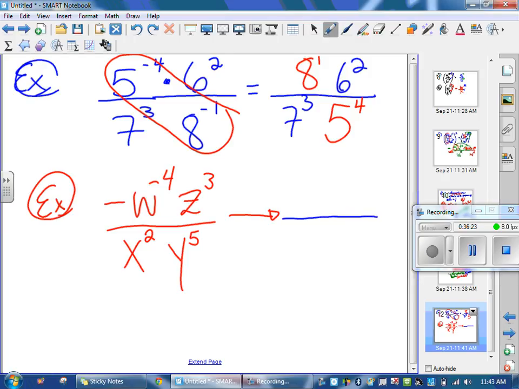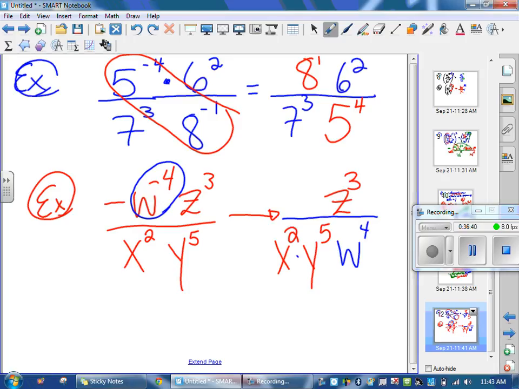So, I'm going to have z cubed up here. I have x squared and y to the 5th. They didn't change. My w exponent 4 is coming to the bottom. Does it matter where I write the w exponent 4? Nope. You could go here or here. Doesn't matter where you put them. Now, up beside this one, my w exponent 4 was negative.